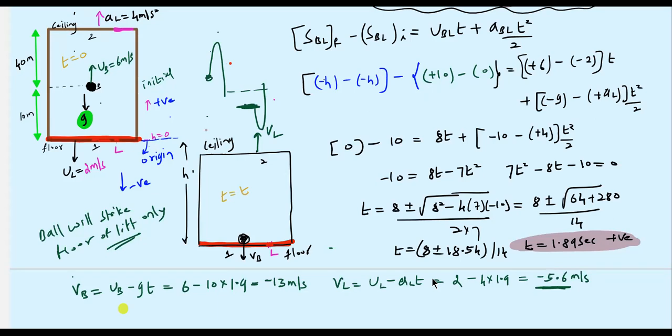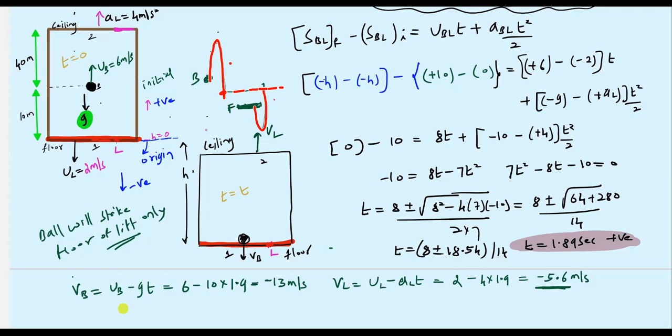Somewhere here they'll collide. Look at this one. How the ball will be ascending, then descends. Floor of the lift will descend, then it will start ascending. Somewhere here they'll collide.